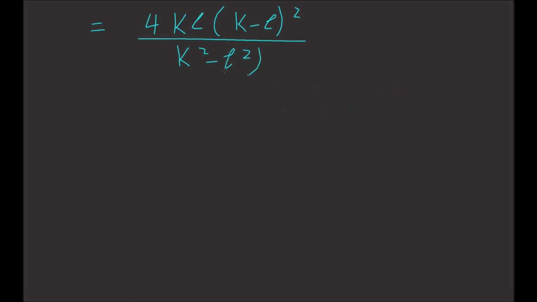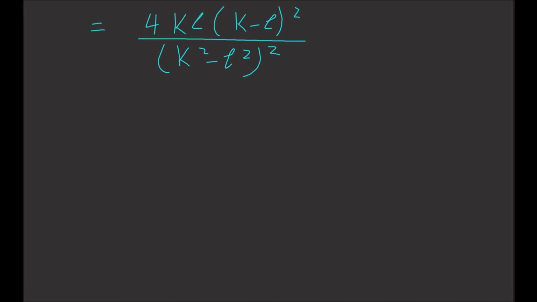So this is equal to 4 times K times L times K minus L squared divided by K squared minus L squared, squared.